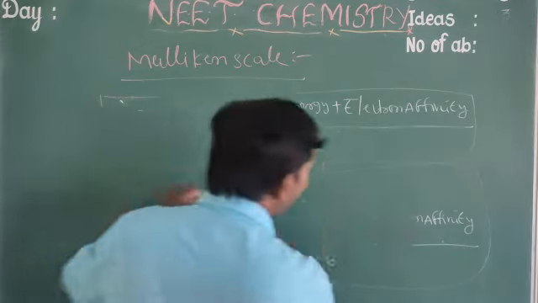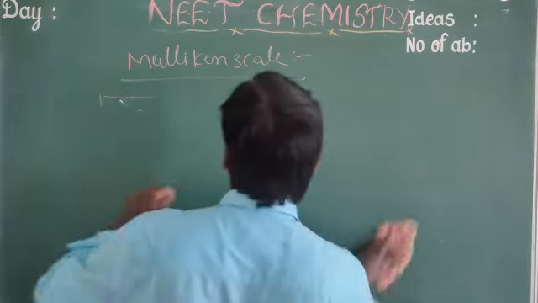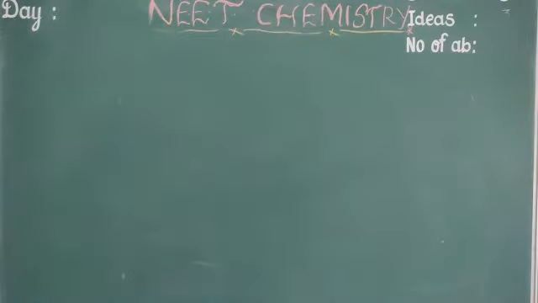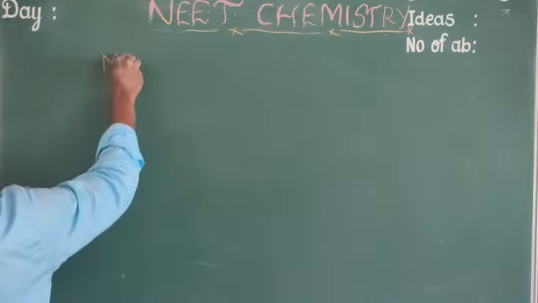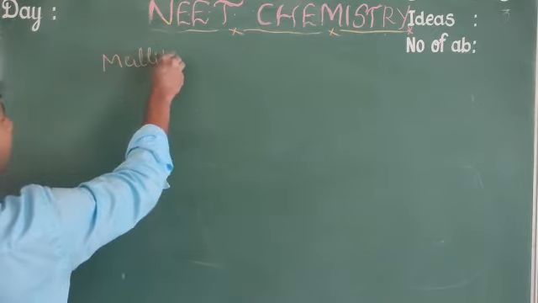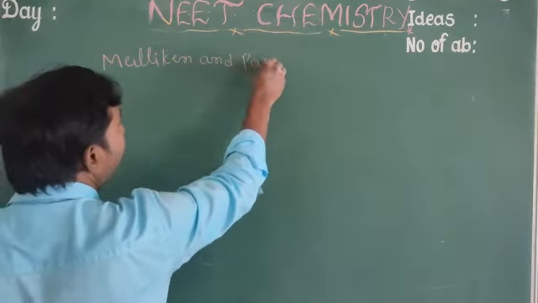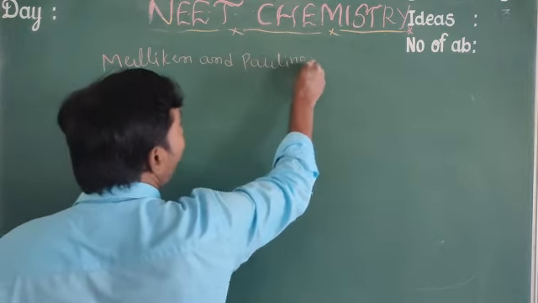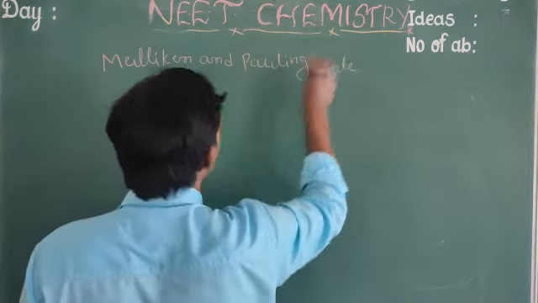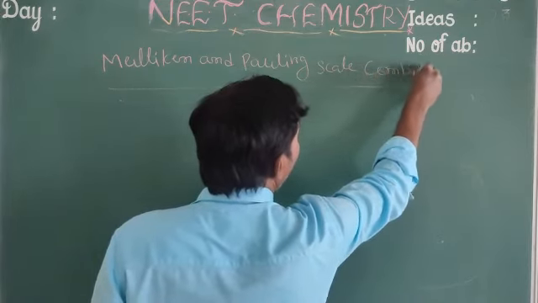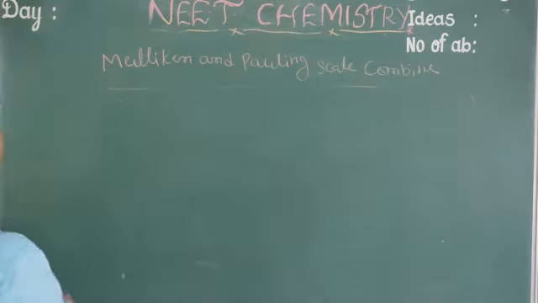Okay, if we combine the Mulliken and Pauling scales, this is an important one.